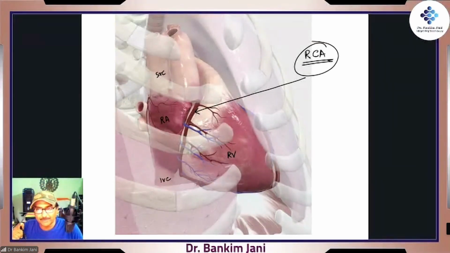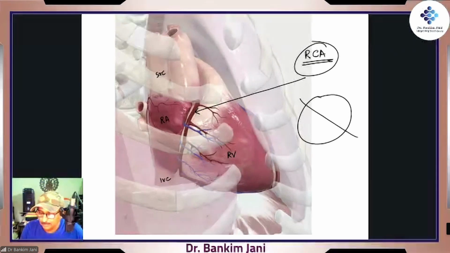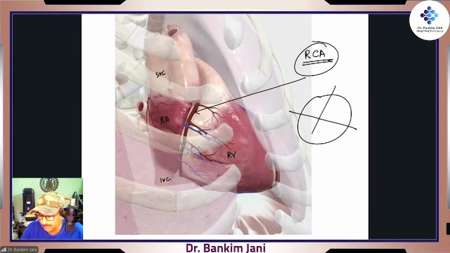The left atrioventricular groove will be much more posterior because the left atrium itself is behind, and the right and left ventricles are also quite behind. So our standard figure, if we go by the size, could be something like this.